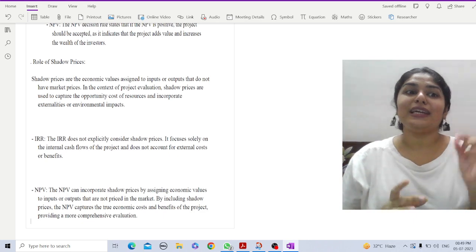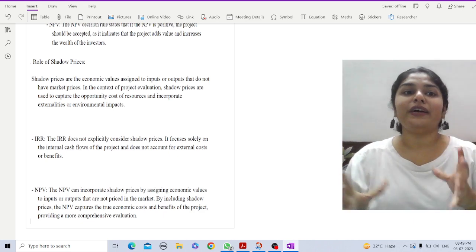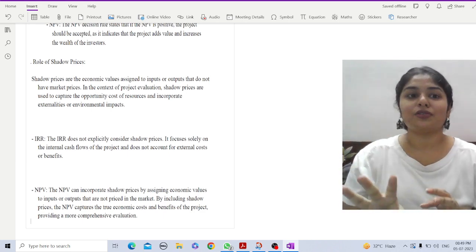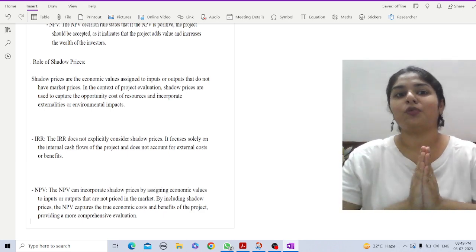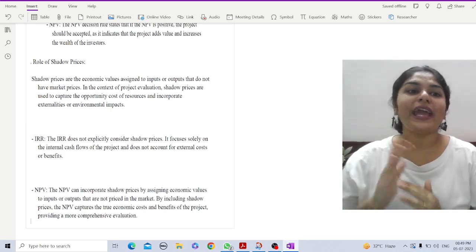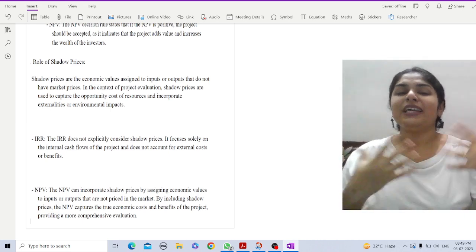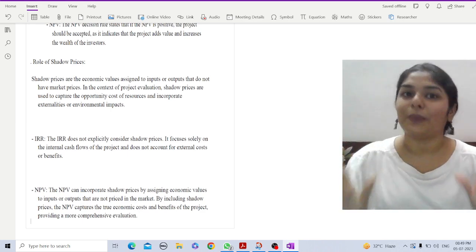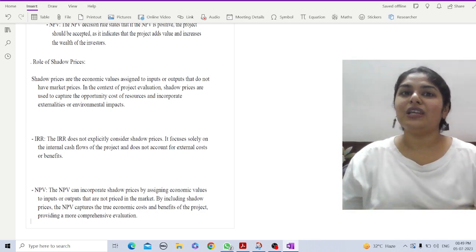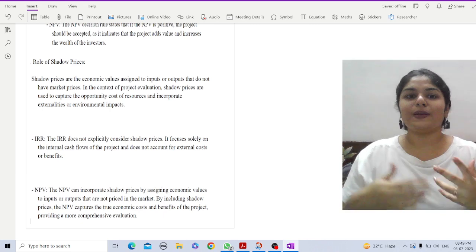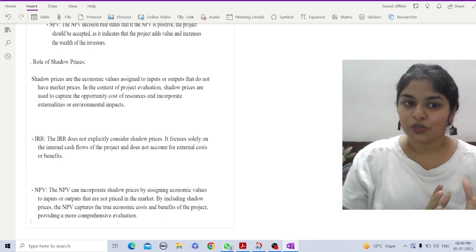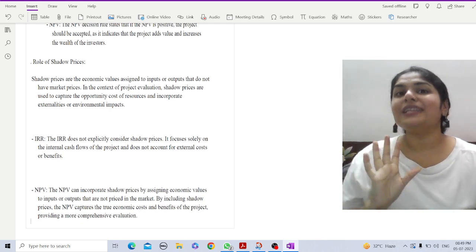So what is it in IRR? In IRR, it does not explicitly consider the shadow prices. It simply focuses on the internal cash flows of the project and does not account for the external cost or benefit. It just determines how much is the inflow and whether there will be benefit or not from it. And in case of the net present value, it is determined by assigning economic values to the inputs or outputs that are not priced in the market.